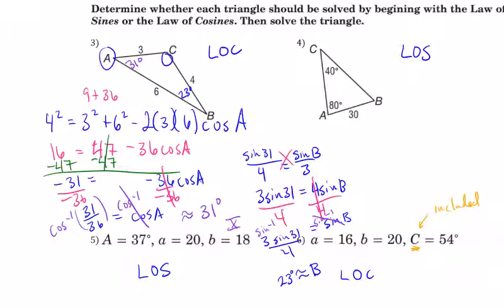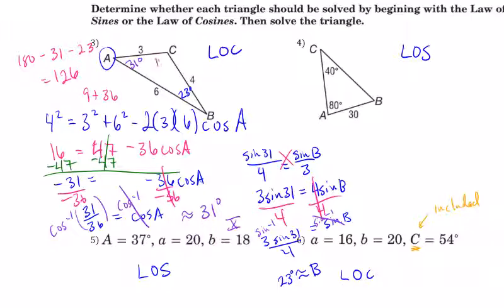And now you can easily find C by subtracting from 180. So 180 minus 31 minus 23 equals 126.